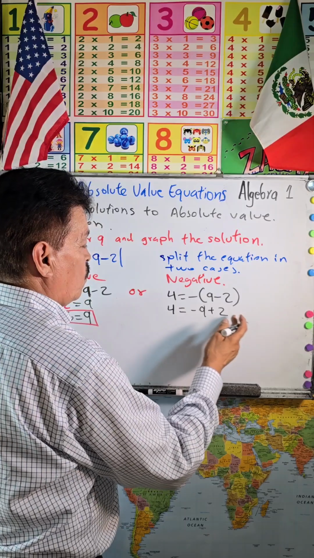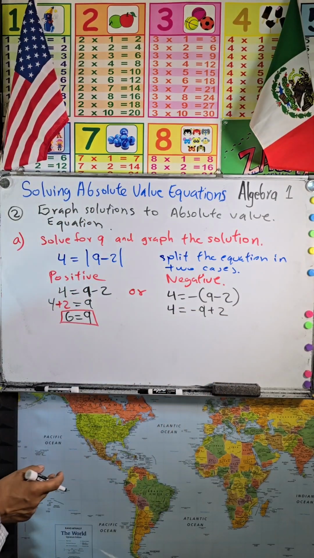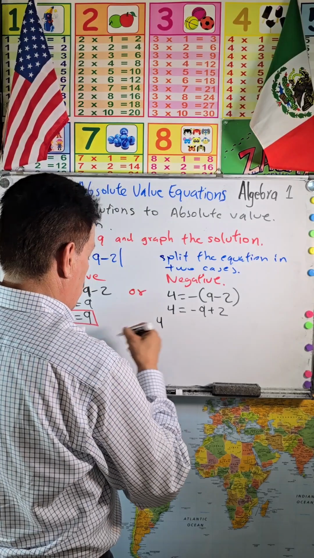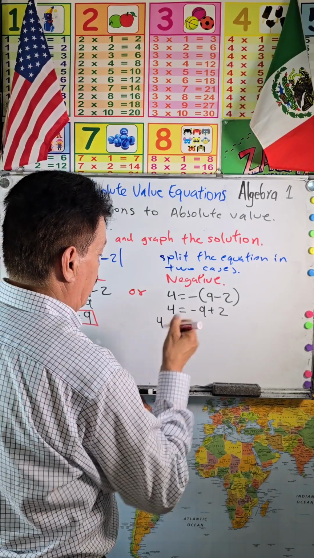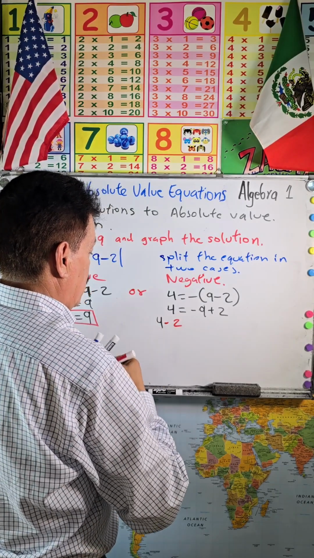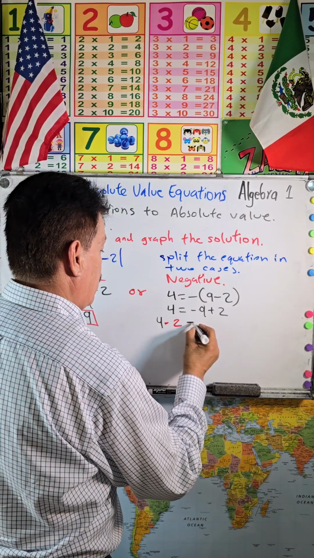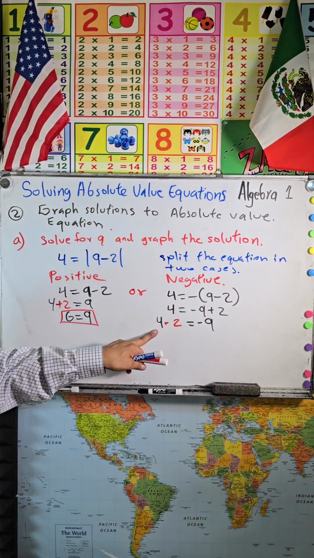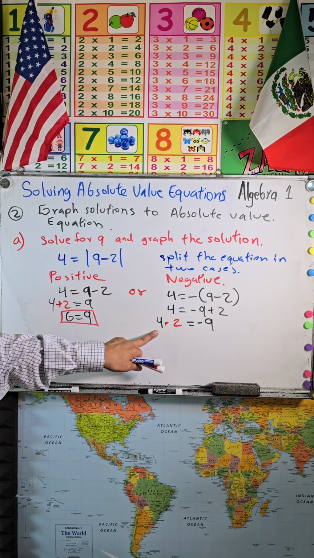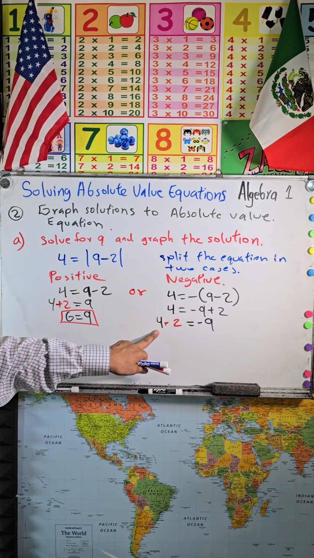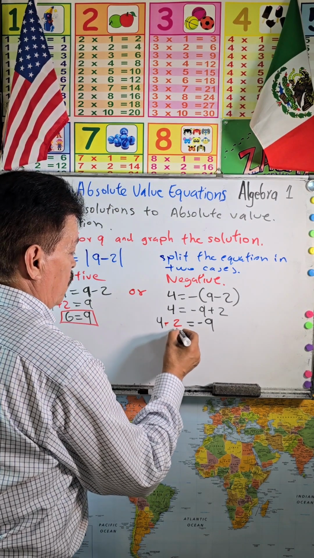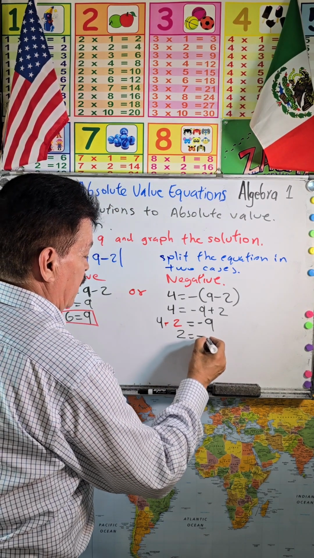So now we have to subtract 2 from both sides. Let's write 4 minus 2 equals negative q. We simplify this, so it will be 2 equals negative q.